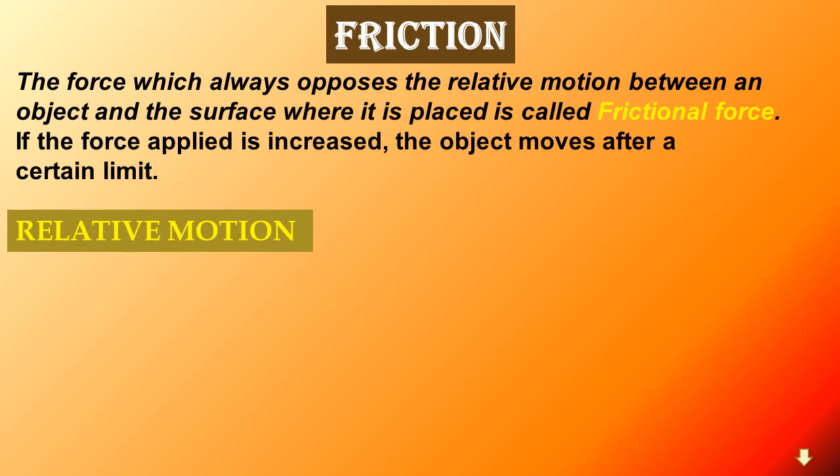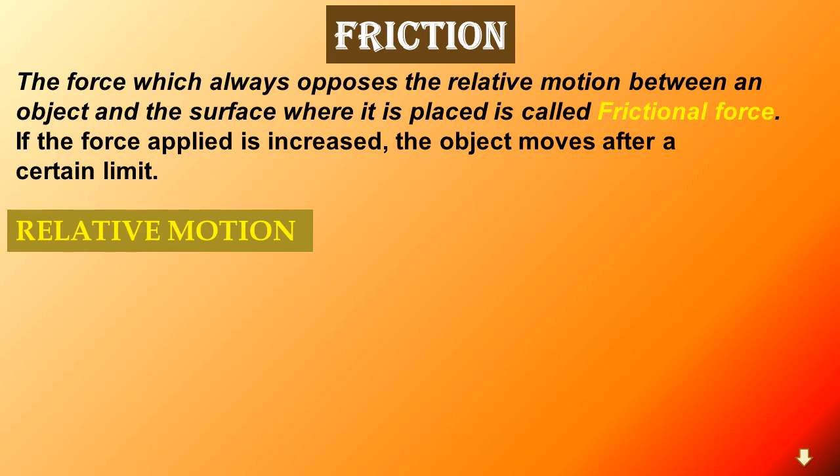Relative motion: when a force parallel to the surface is applied on the object, the force tries to move the object with respect to the surface, like cars or a bike or a van moving on the road with respect to the surface of the road. If you have a polished surface, then the friction is less, so the movement is fast.